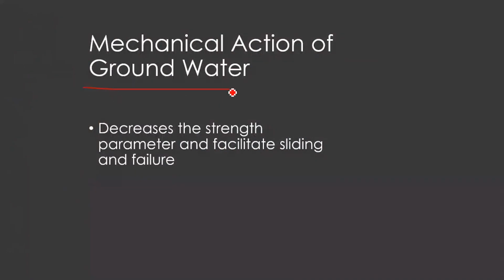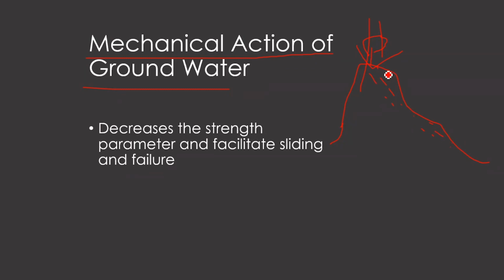And similarly there is some amount of mechanical process that groundwater will also do. Mechanical process means, okay, this is a hilly terrain, and the water started flowing through this hill towards the bottom.